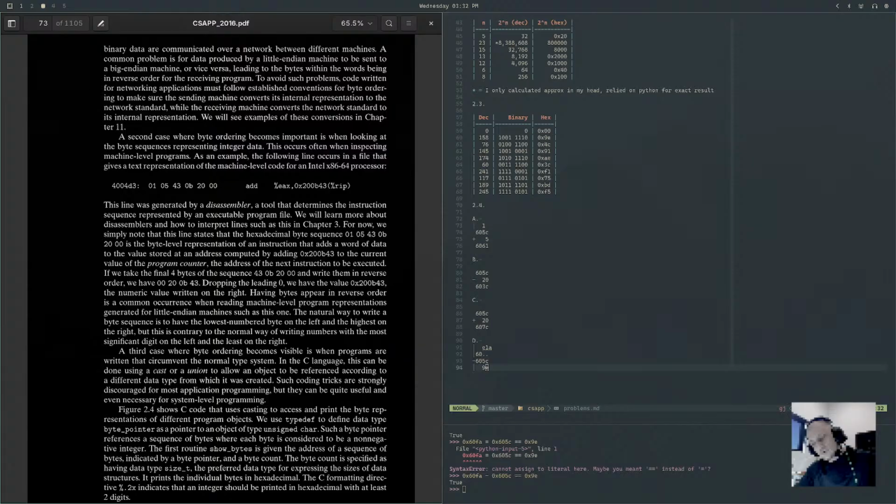For the receiving program to avoid such problems, code written for network applications must follow established conventions for byte ordering to make sure the sending machine converts its internal representation to the network standard, while the receiving machine converts the network standard to its internal representation. We will see examples of these conversions in chapter 11.